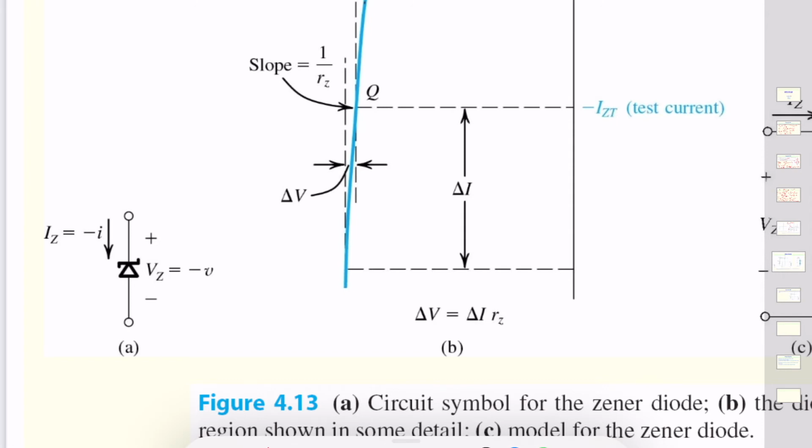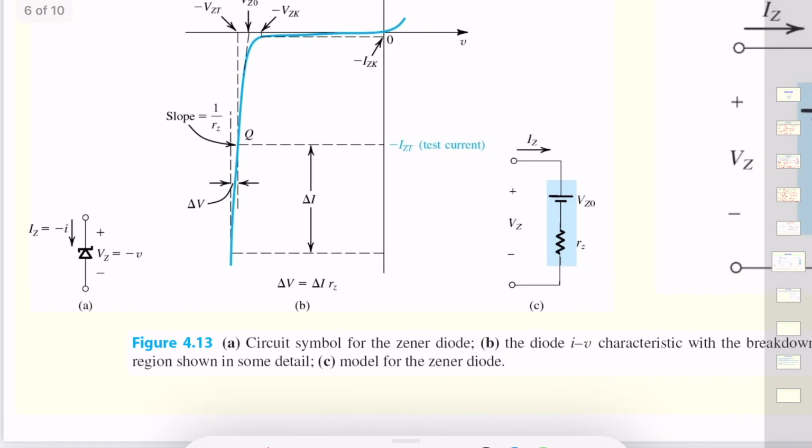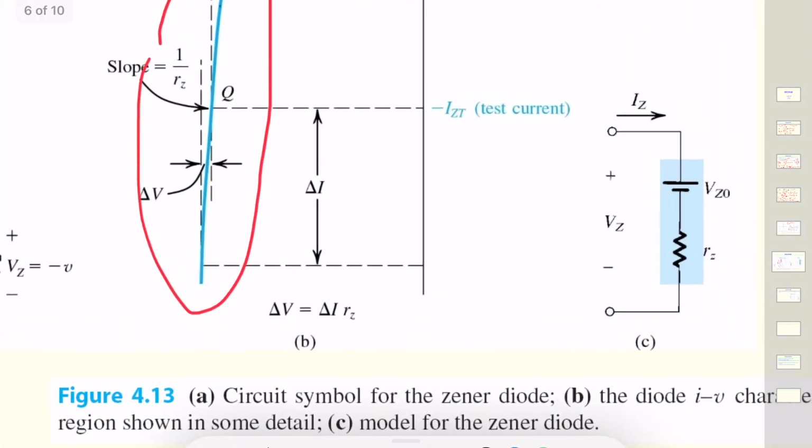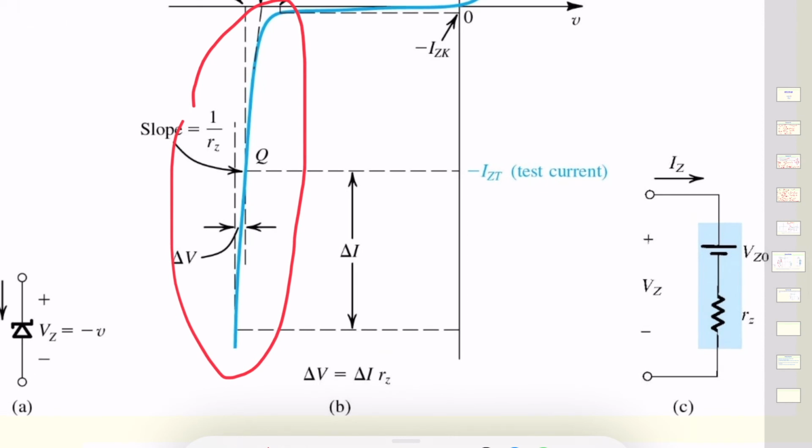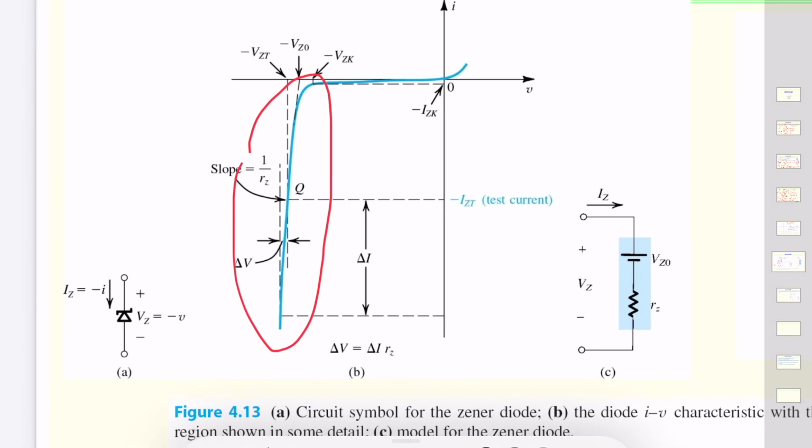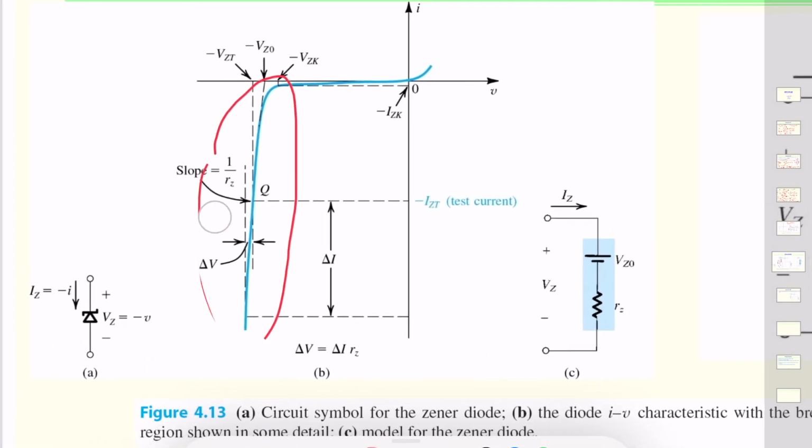For currents that are greater than what we call the knee Zener current, we take the IV characteristics as just a straight line. If you zoom into this part, this is just a straight line with a slope RZ, the Zener resistance. Now we are talking about resistance related to the Zener diode.